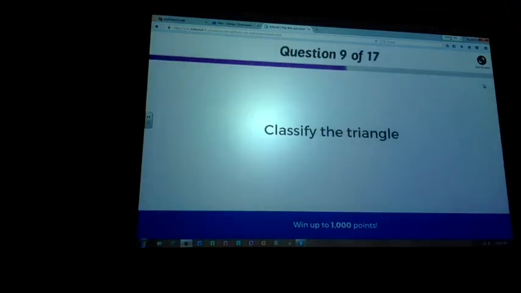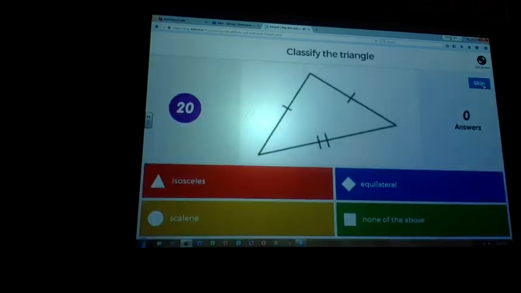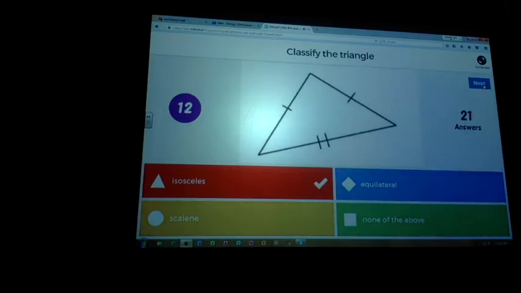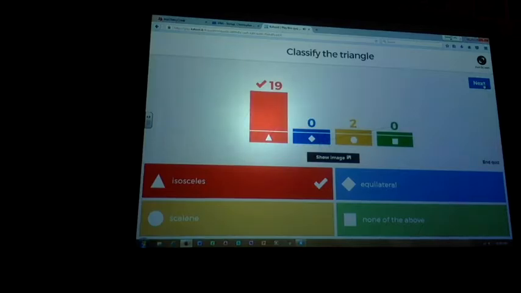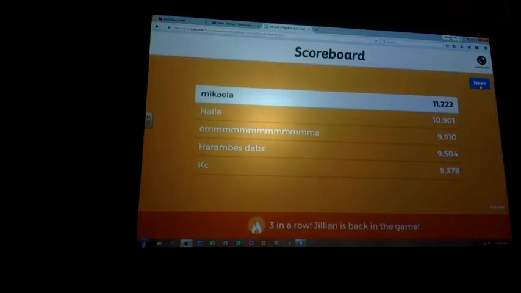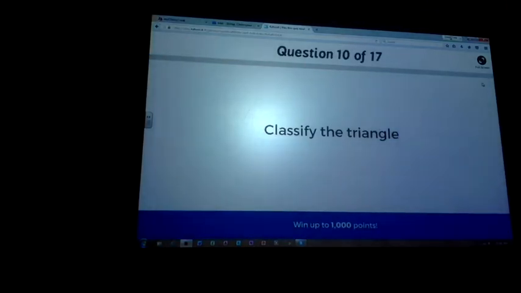Classifying the triangle. Remember, you can name it by the sides or the angles. Oh shoot. I said scaling. Uh-oh. Fourth place, let's go. Classifying.